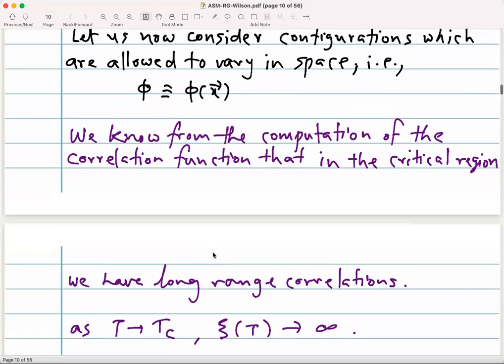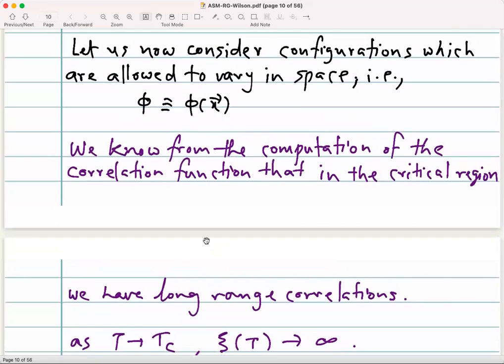Then one important thing this would lead us to is that besides phi being a constant quantity, which should have been useful in determining the interaction term or the potential in the Lagrangian of the Landau-Ginzburg model, we also need to look at the kinetic term. Simply because if phi depends on x, then the gradient of phi is non-vanishing, and therefore we need to incorporate that piece.